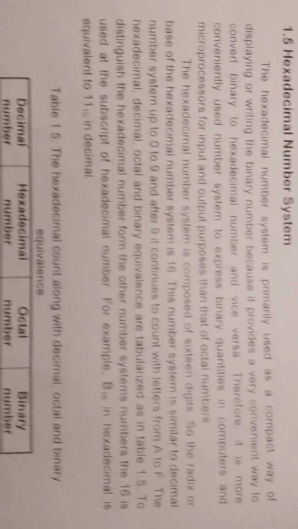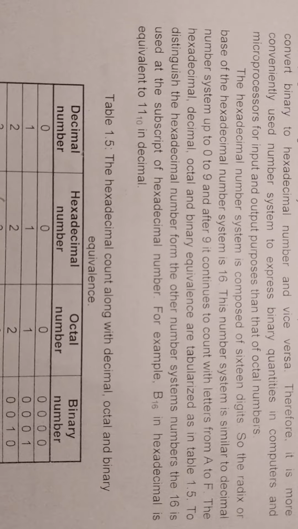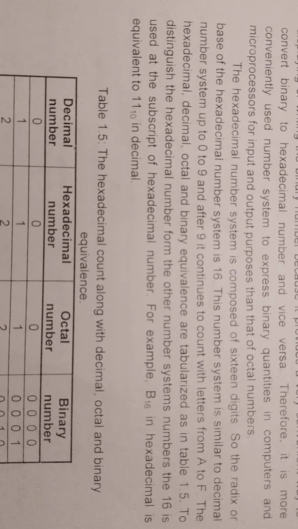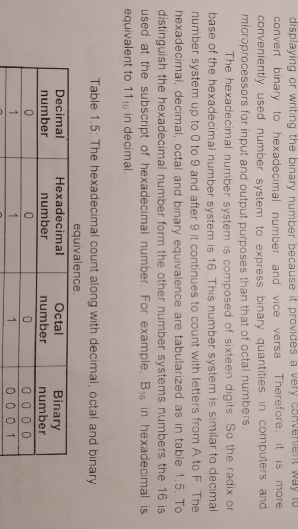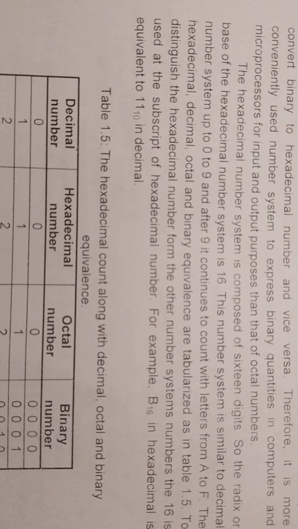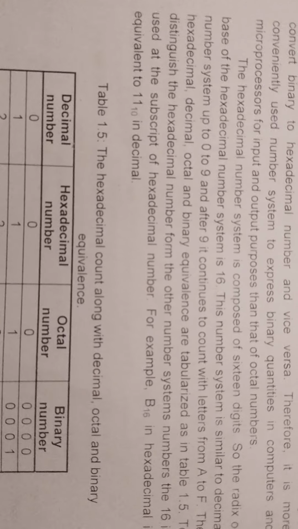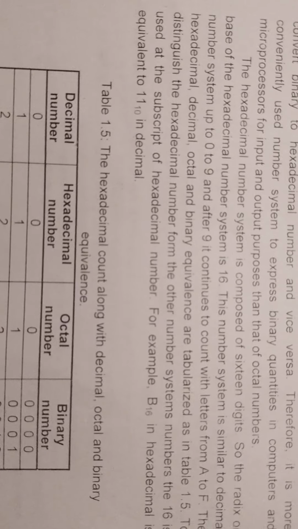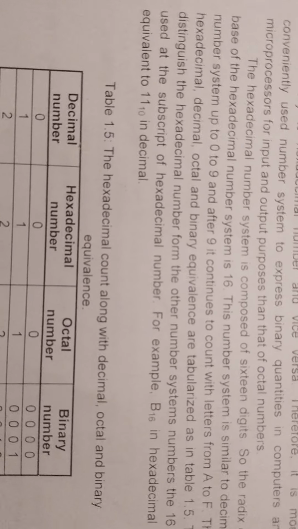The hexadecimal number system is composed of 16 digits. Similarly, the binary number system consists of 2 digits, the decimal number system consists of 10 digits, and the octal number system consists of 8 digits.